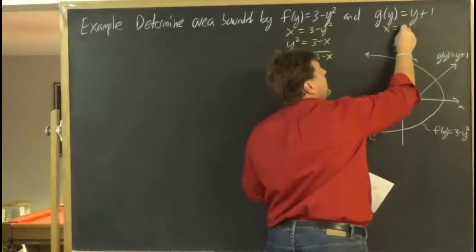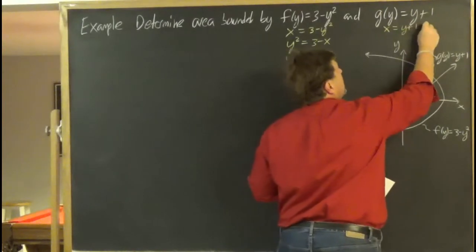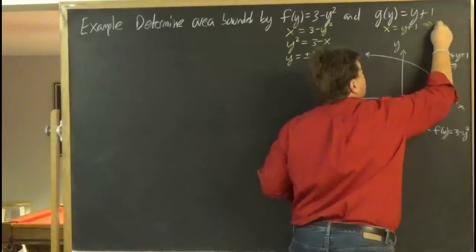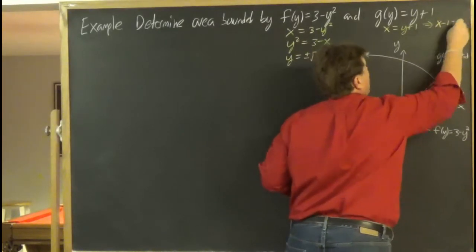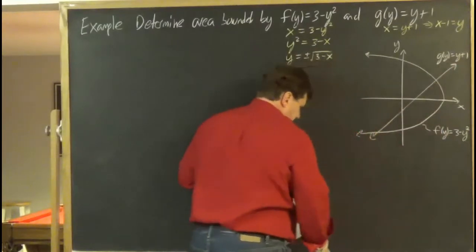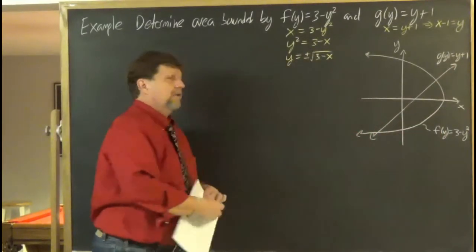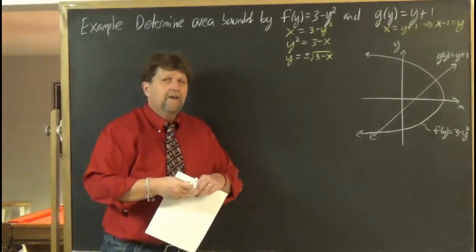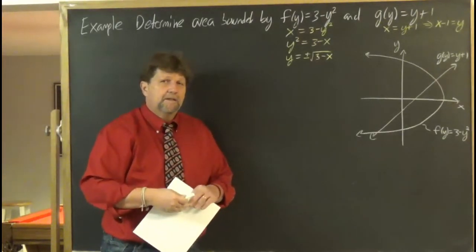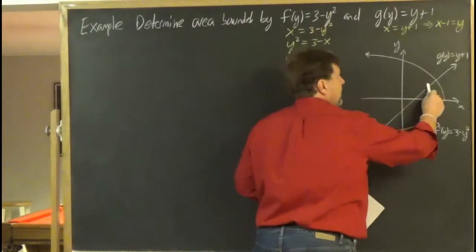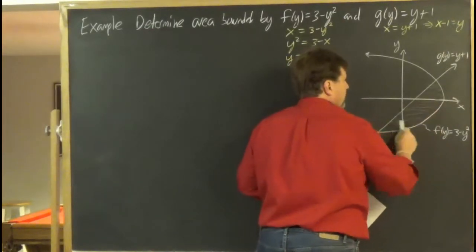I could let x equal y plus 1, solve for y, and I get x minus 1 is equal to y. So I would graph x minus 1. That's that graph. Remember, if you see a function of y, you can replace it with the variable x. All right, so this is the region that is bounded by those graphs.